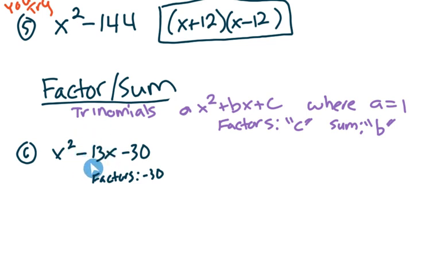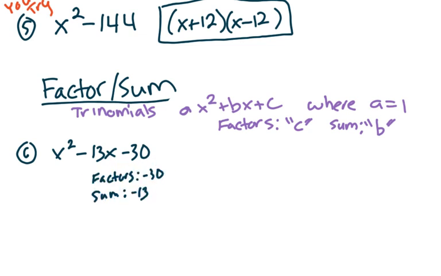So for this problem, it would be a sum of negative 13. So two numbers that multiply to negative 30 and add to negative 13. Factors of negative 30 that have a sum of negative 13.